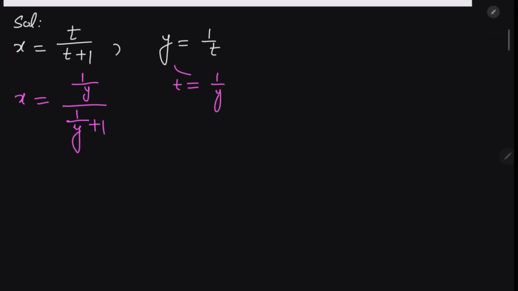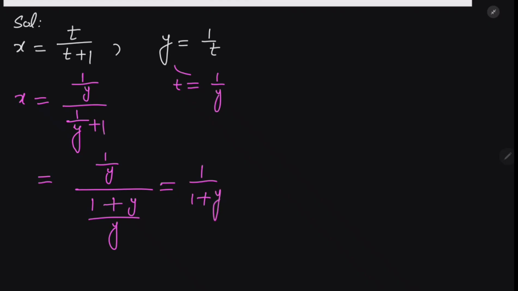So when we solve this, we get 1 over, by taking LCM, 1 over y, 1 plus y over y. So we finally get x is equal to 1 over 1 plus y.